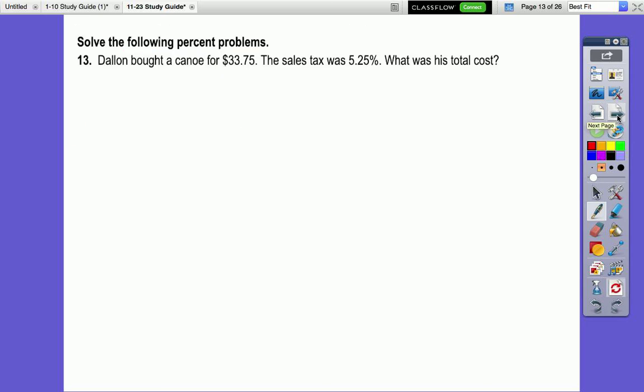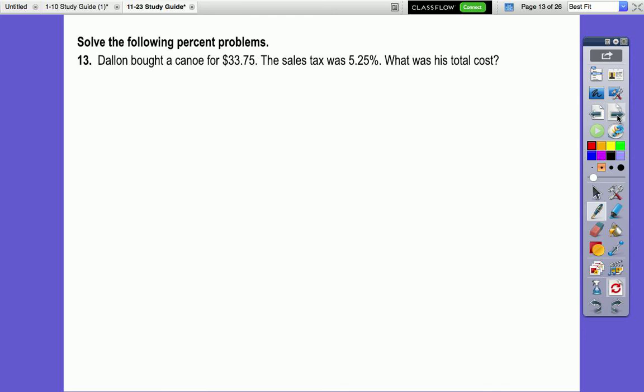Okay, so Dalen bought a canoe for $33.75. The sales tax was $5.25. What is the total cost? So we're going to use the same equation that we used a while ago, and this is just like going to the store. If you're going to the store, they're going to take 5.25% of what you're purchasing, and they're going to add that back to your total.